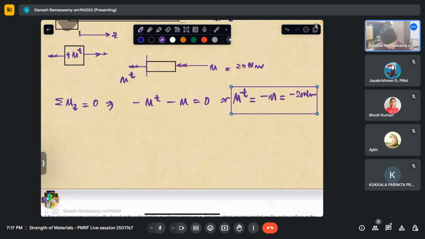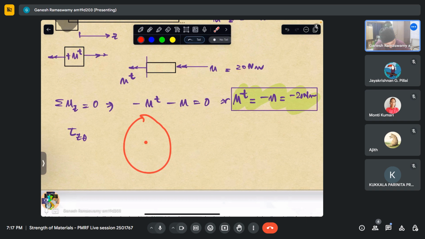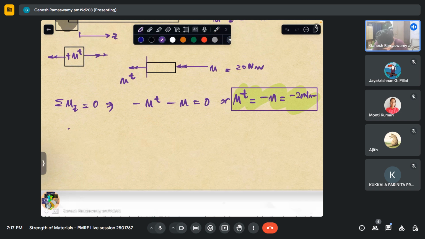And for twisting, we know that our tau z theta, at any section where the plane is characterized by z in the direction of theta, for a solid shaft equals MT by Ip into r max. So r max is nothing but d by 2.